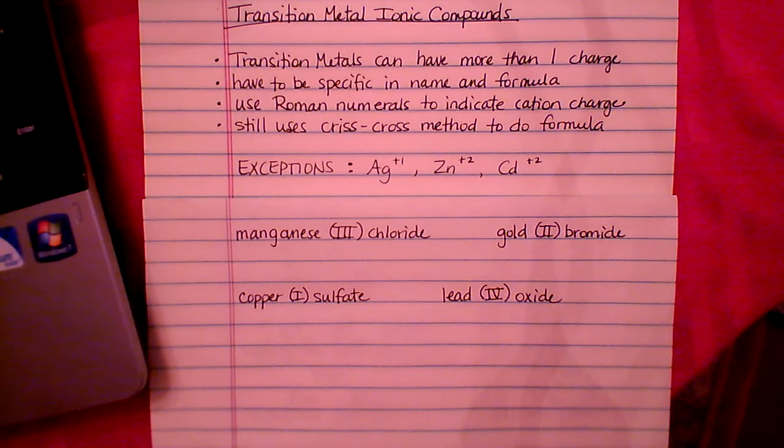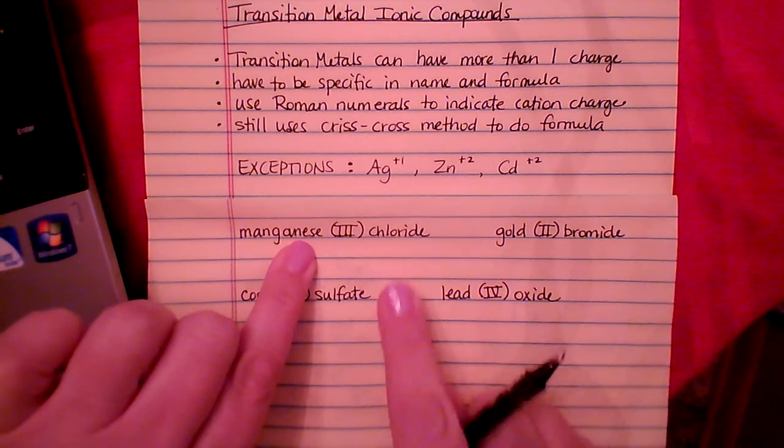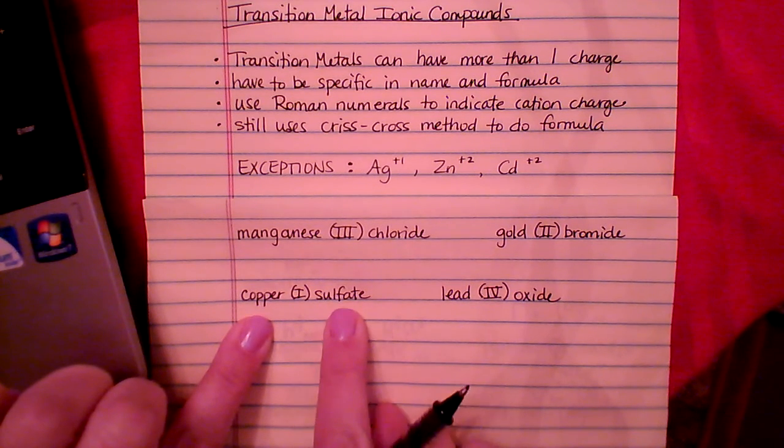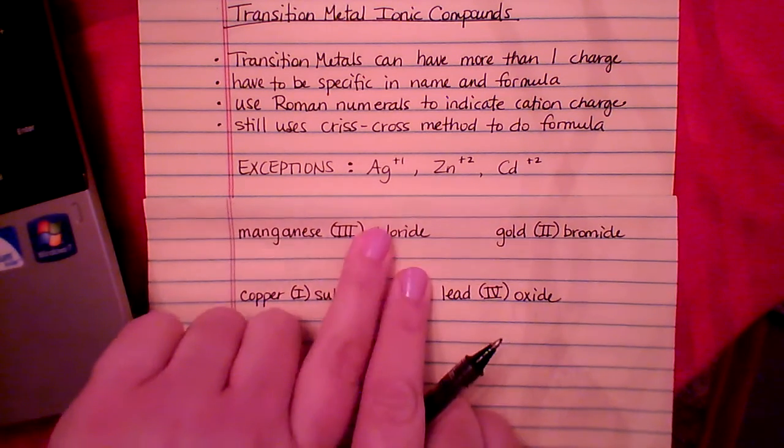And you can have Roman numeral transition element compounds that are binary, like this first one, manganese 3 chloride. Or you can have Roman numeral compounds that are ternary, which means they contain a polyatomic. How do we know? Because this ends in "ate," okay, not "ide."